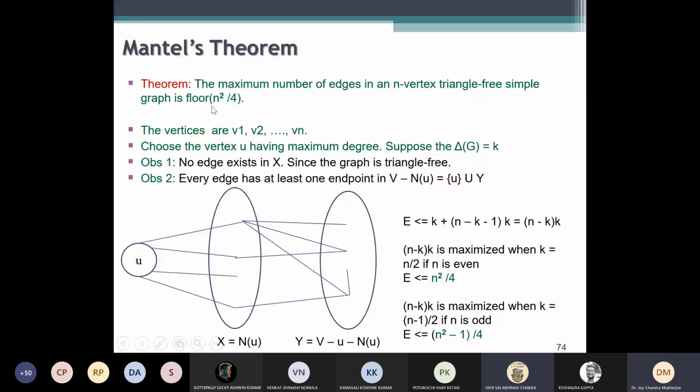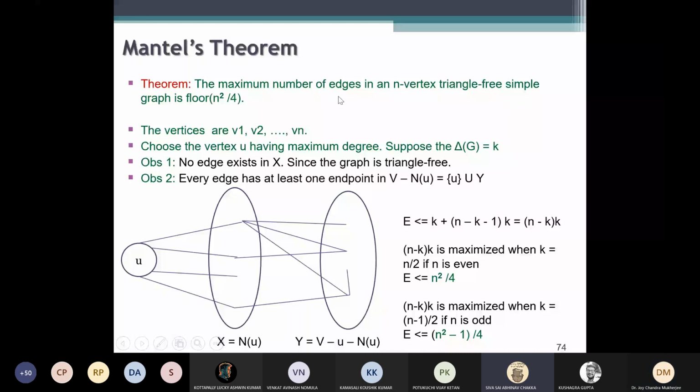You are given a simple graph having n vertices, and the special property is that the graph is triangle free. Now we have to prove that the maximum number of edges in such a graph is floor of n square by 4.